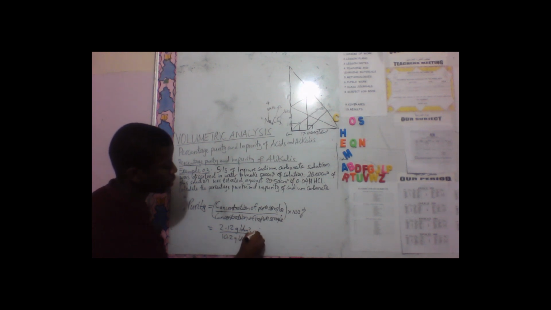Concentration of pure sample: how much? 2.12 gram per decimeter cubed. Concentration of impure sample is 10.2 gram per decimeter cubed, times 100%. Our answer will be 21%. So this will be the percentage purity of sodium carbonate.